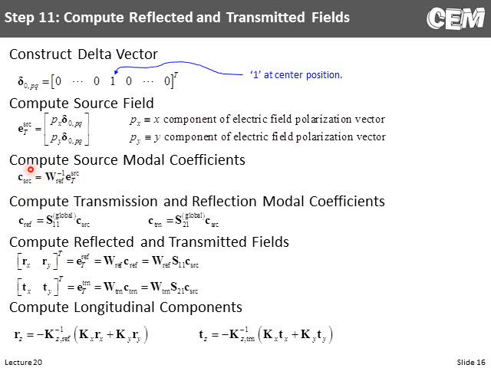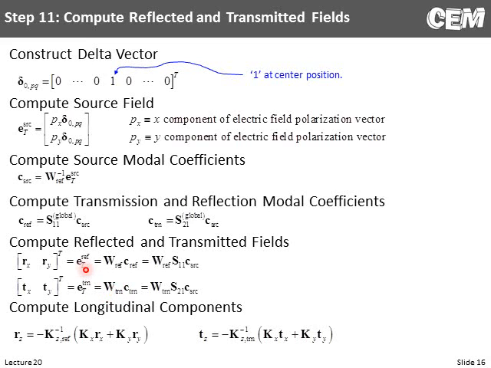So now we know the mode coefficients of the source. From there, we go to the global scattering matrix that we calculated, and we can calculate the mode coefficients of the reflected fields and the mode coefficients of the transmitted fields. Given that, we can convert those into actual field values by multiplying those mode coefficients by the eigenvectors. Remember, we have different eigenvectors for the reflection region and for the transmission region.